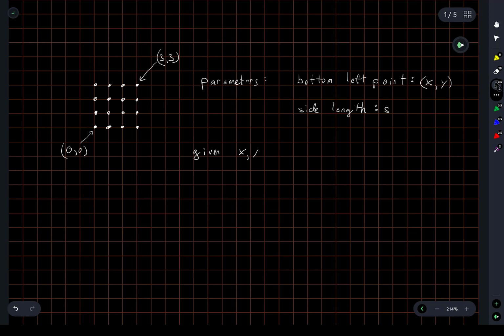So if we're given x, y with x less than or equal to 2 and y less than or equal to 2, what is the number of allowable side lengths?